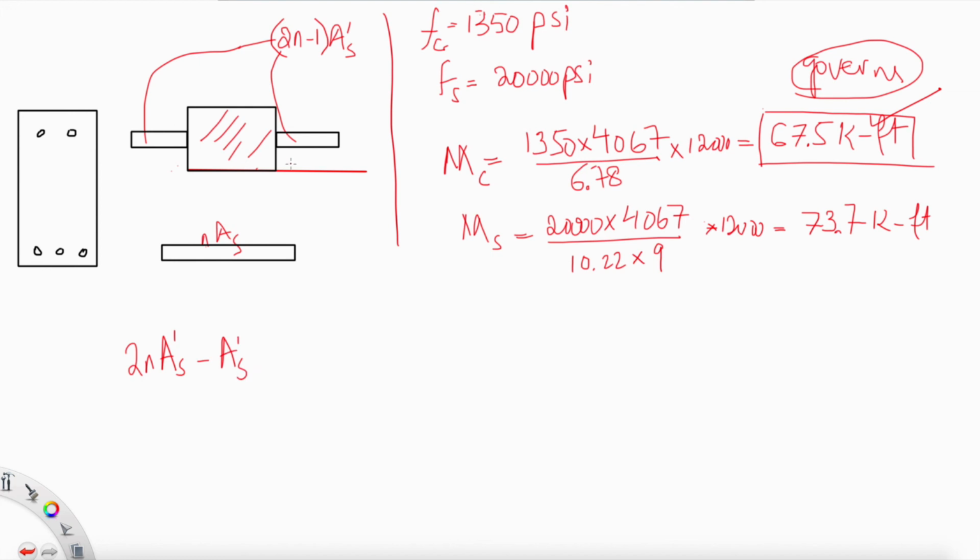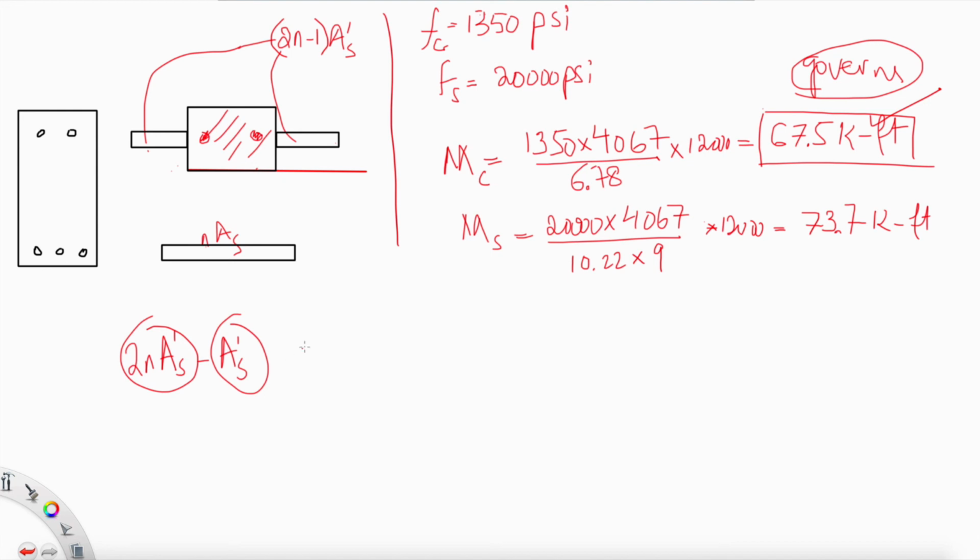If you break the parentheses, what does it mean? 2n A_s' is because we have an A_s' here and A_s' here, so it's 2, right? But why did we subtract A_s' again? Because when we calculate the concrete, we are calculating it assuming there are no bars, no holes. But actually there are, because of the steel. So to account for these holes, we have to subtract A_s' from them.